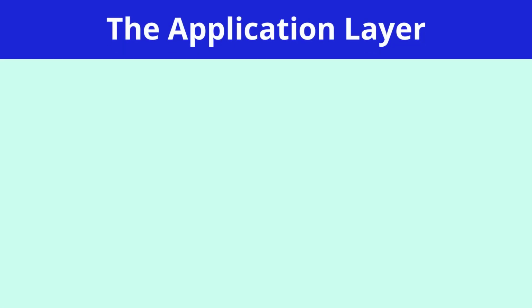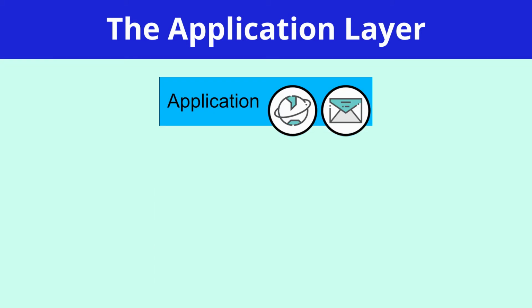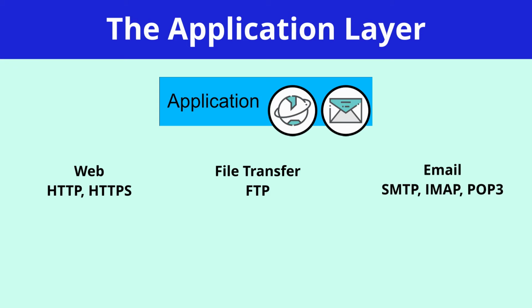This layer is where we find the software services that we use every day. Within the application layer, we'll find web protocols such as HTTP and HTTPS, file transfer protocols such as FTP, and email protocols such as SMTP, IMAP, and POP3.